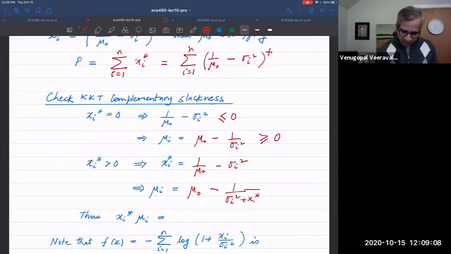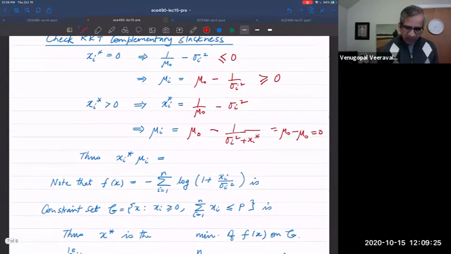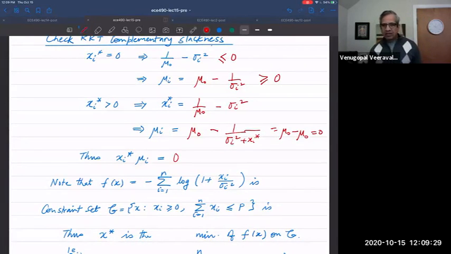But that's equal to mu 0 minus mu 0, which is equal to 0. Okay. So xi star times mu I is equal to 0. So we basically get the complementary slackness conditions.